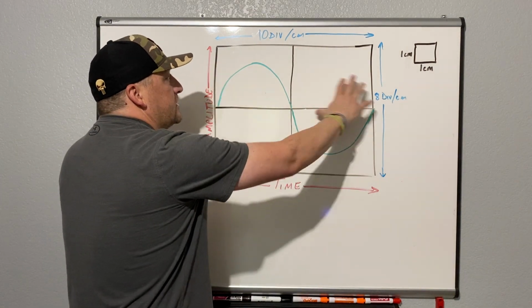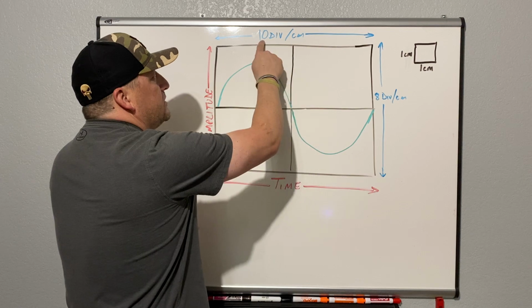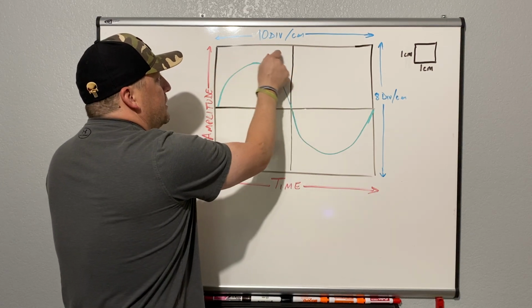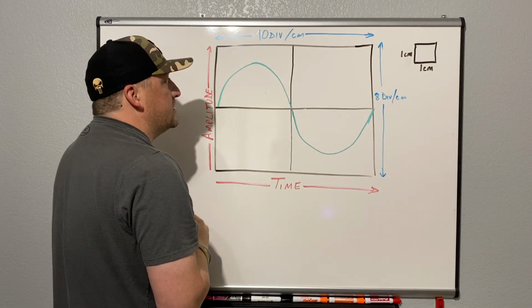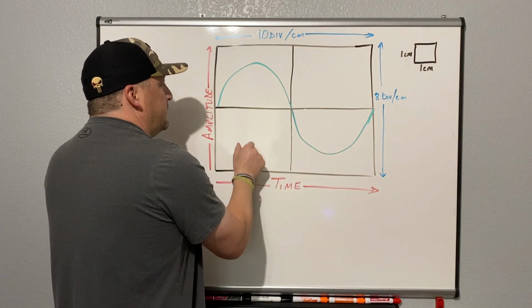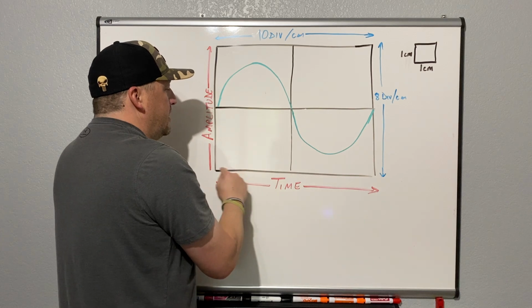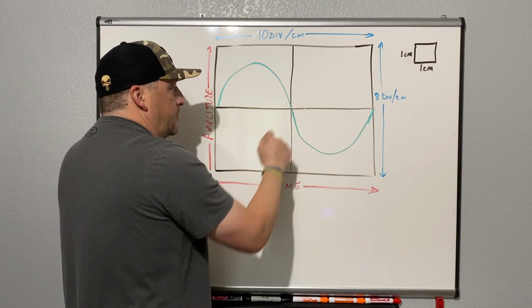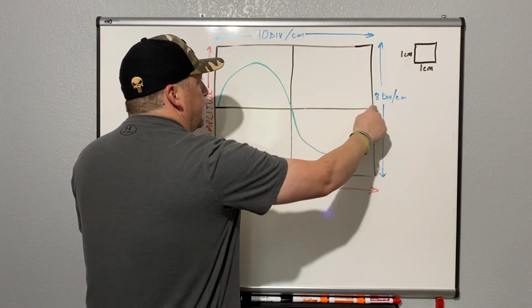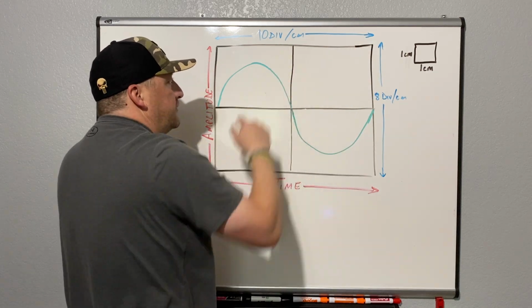The horizontal subdivisions, there's 10 divisions across horizontally, and there's 8 divisions vertically. So in this quadrant right here, you're looking at 5 by 4, and the same for each of the other quadrants.